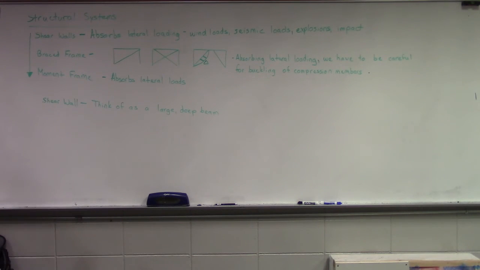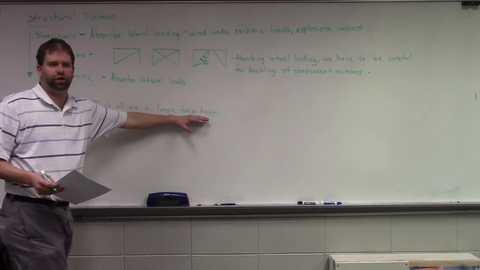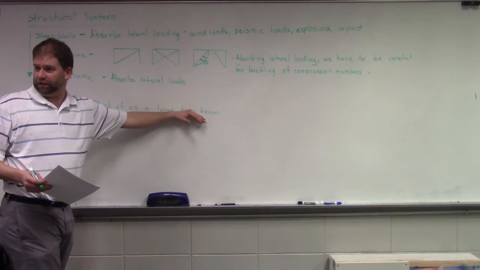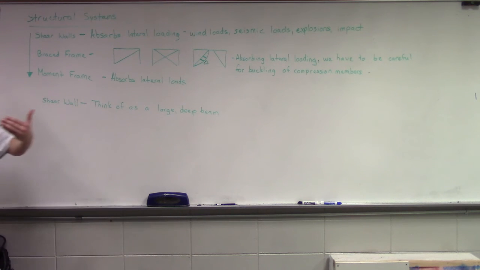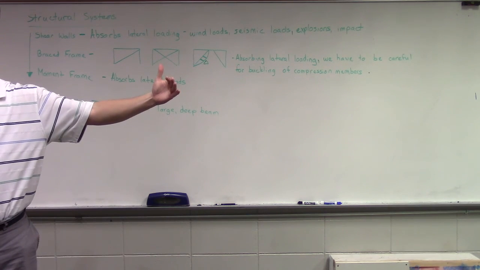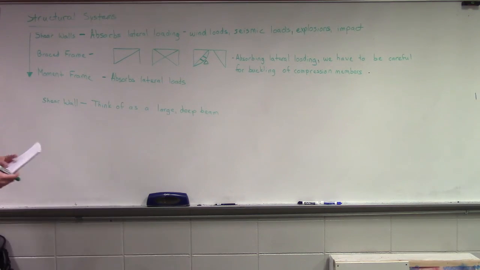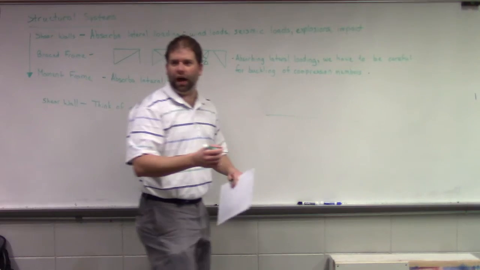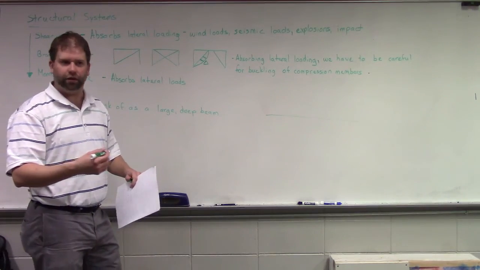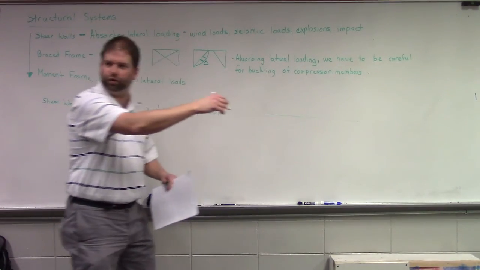So we haven't tried to look at a shear wall and how to analyze it at this point this semester. But what have we been looking at that we could try and model it as? We've been spending a lot of time looking at beams, right? So couldn't we just think of a shear wall as a very large, very deep beam? And so now we can take it, instead of it being this goofy line that I draw up on the board over and over and over, and I pin it on one side and put a roller support.